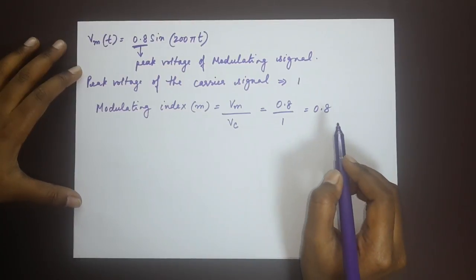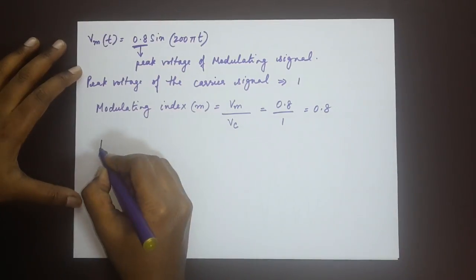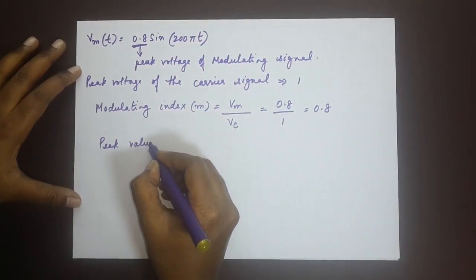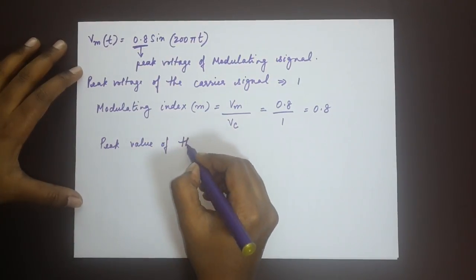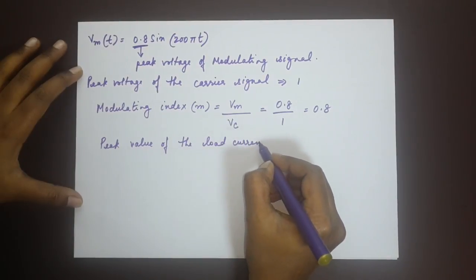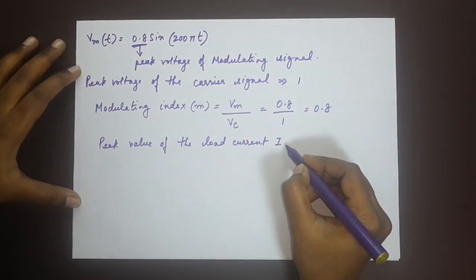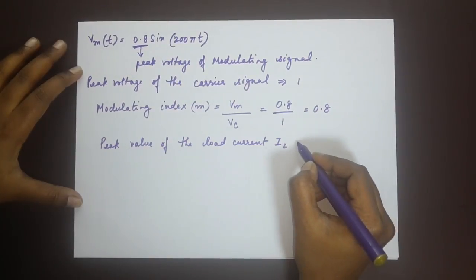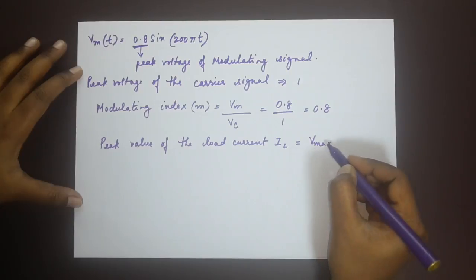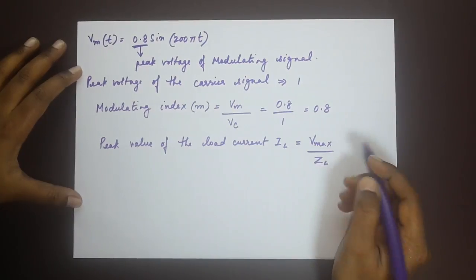Now to find out the peak value of the load current, IL. So IL is Vmax divided by ZL.